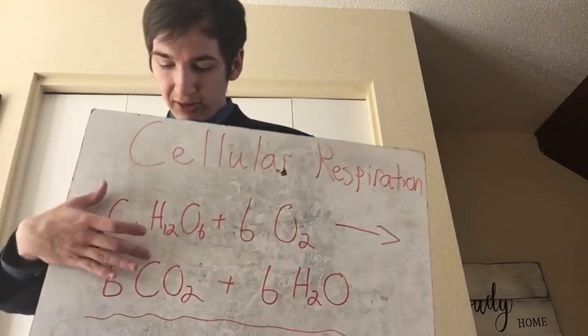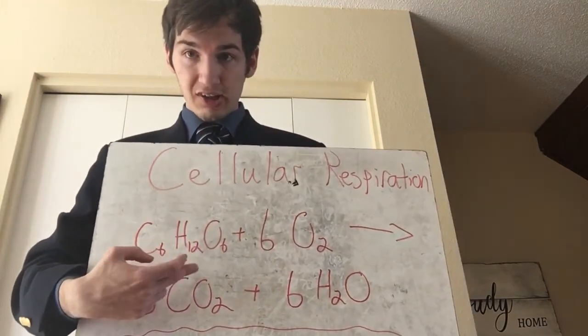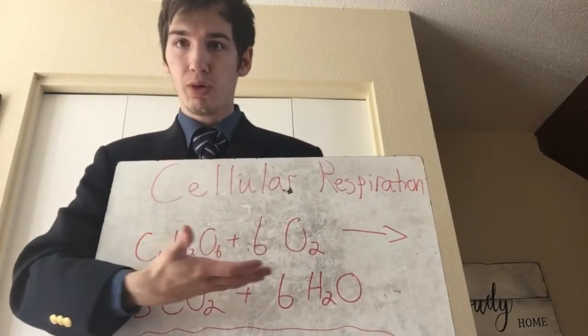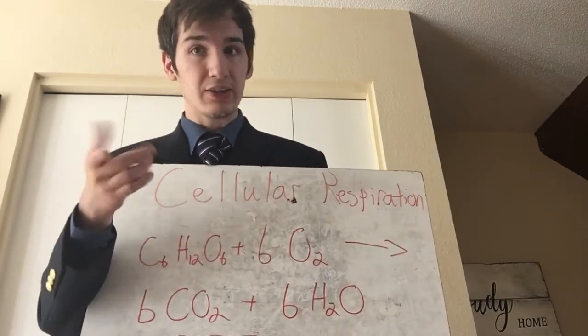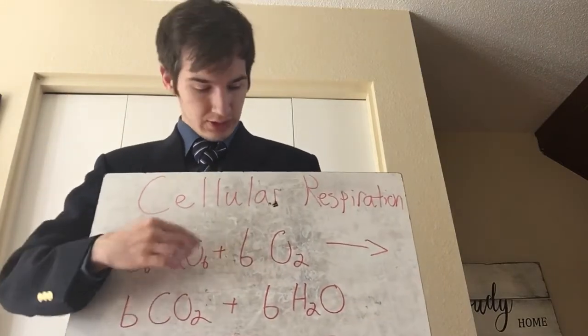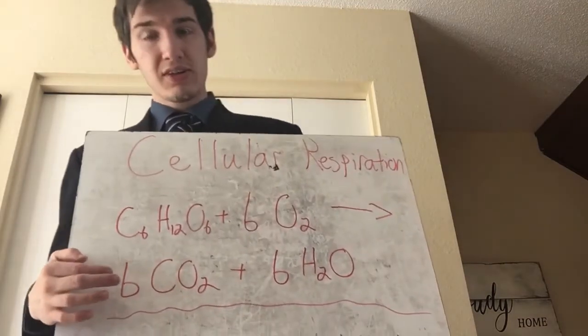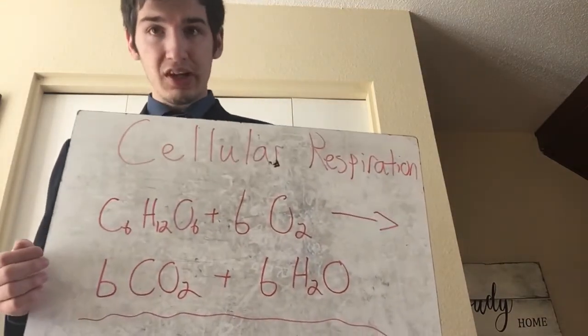So plants and animals use sugar, that's C6H12O6 right here, and oxygen. Oh my gosh, that's what plants make, and that's what cellular respiration needs. They're linked. They are linked. It uses this to make 6 carbon dioxide, CO2, and 6 H2O.